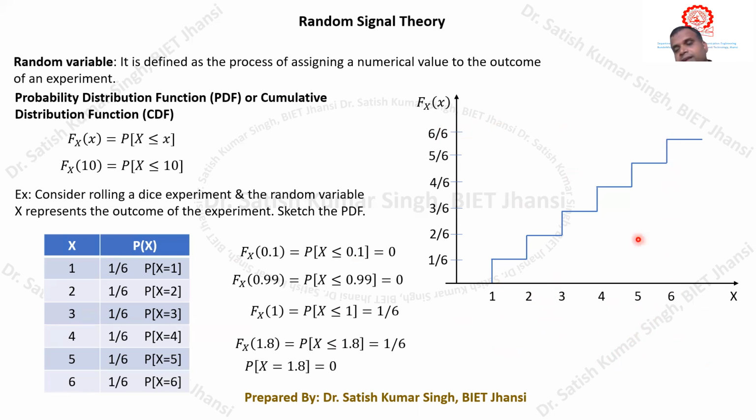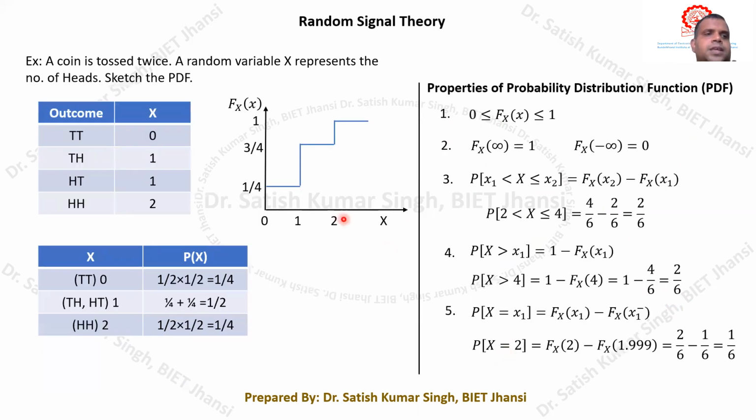So here you can see that at 6, the probability distribution function value is equal to unity. This way we can plot our probability distribution function, where the maximum probability is equal to 1.